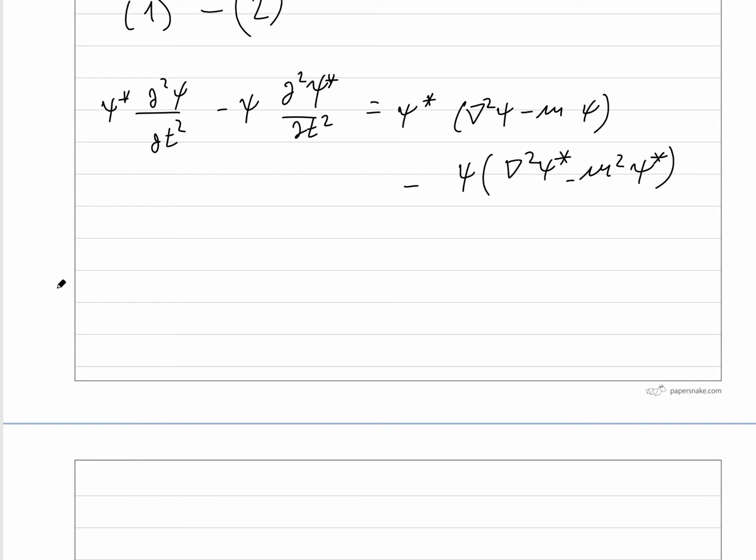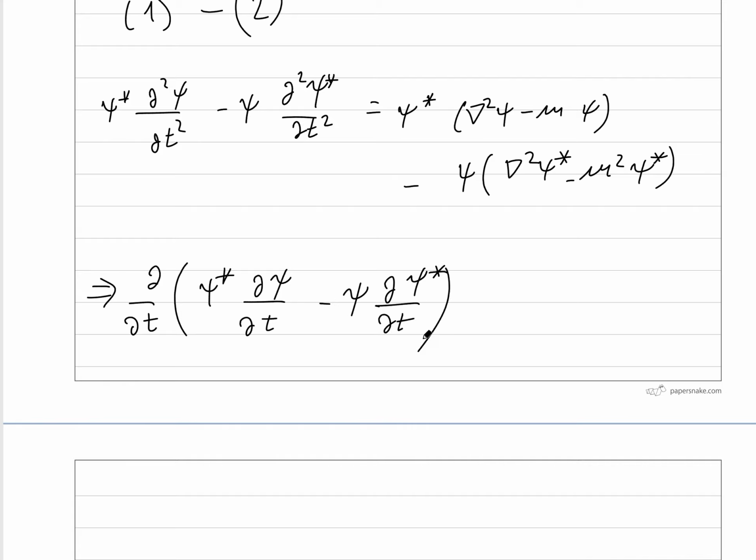And now you can arrange the equation in a form like, for example, partial of t of psi star partial of psi partial of t minus psi partial of psi star partial of t, which is equal to del of psi star del psi minus psi del psi star.